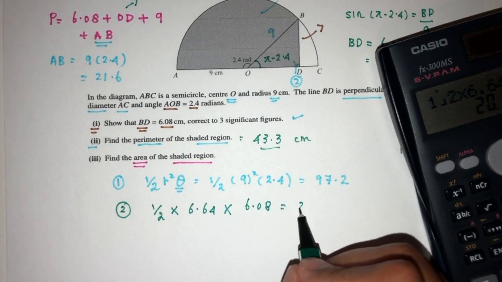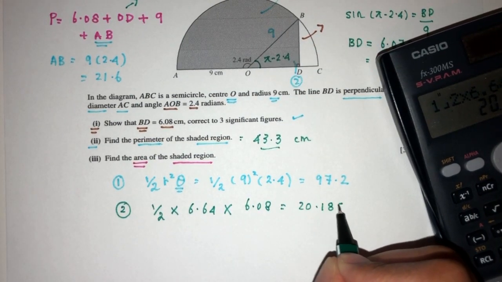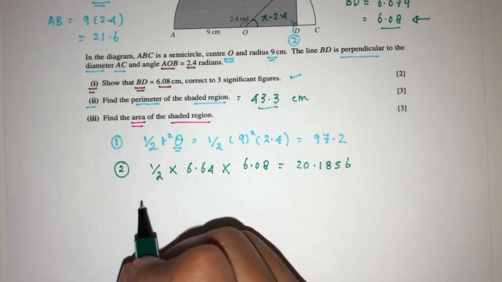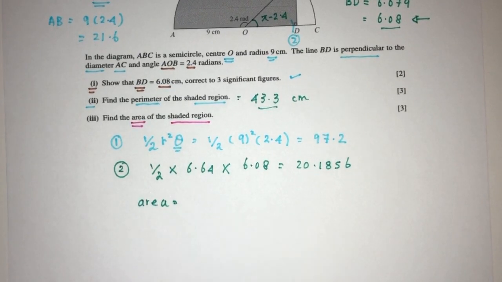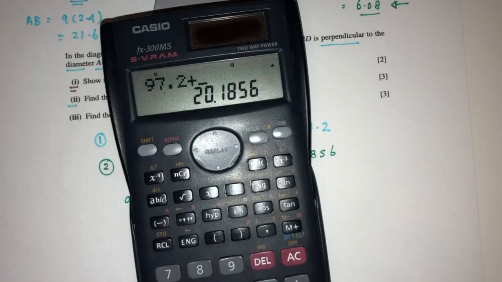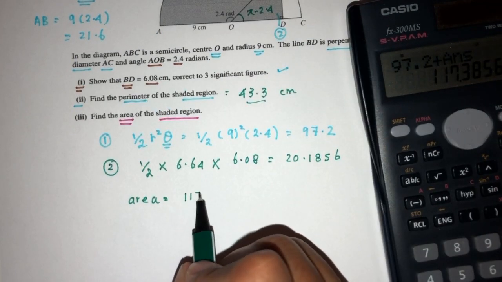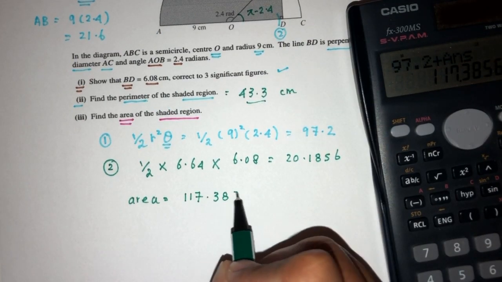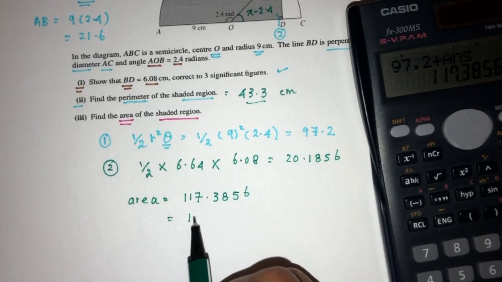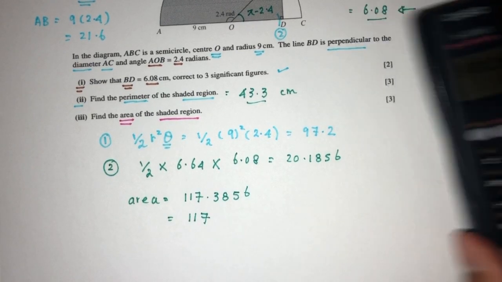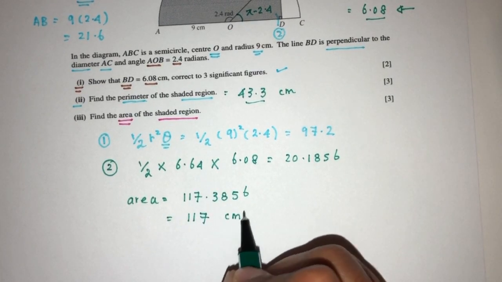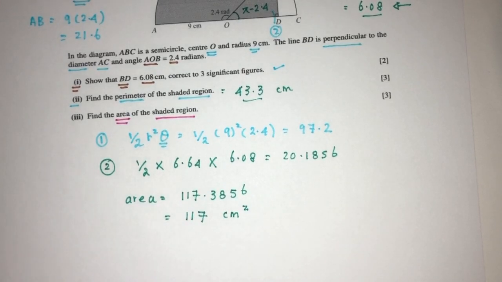That will be 20.1856. So the area will be 97.2 plus answer, that should be 117.3856. That should be 117, correct to 3SF. That will be centimeters squared. So this will be a question in relation to circular measure for this paper.